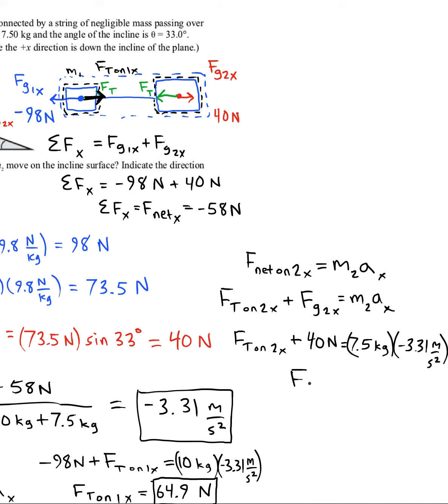Okay, solve that. Negative 64.8 newtons. I think we're off just because of rounding, of course. I could have kept one more significant figure in my calculations, but as you can see, they're the same.